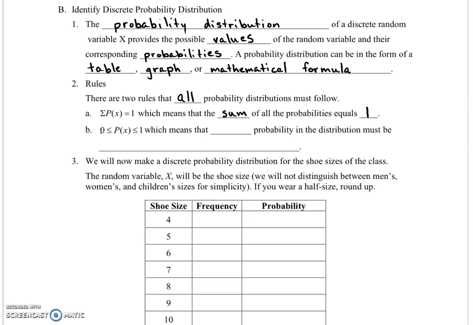And this next one that says 0 is less than or equal to P of x is less than or equal to 1 means that every probability in the distribution must be between 0 and 1 inclusive. And what inclusive means is that it's allowed to equal 0 and it's allowed to equal 1.